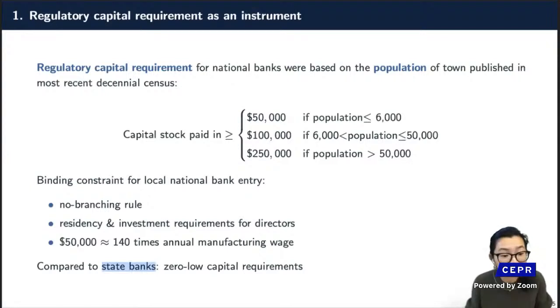So these were banks that would have been regulated by the local state authorities, and they often had either no capital requirements or very low capital requirements. So either you converted your old state bank into a national bank and had to raise this new equity, or you created a new national bank and again had to raise this equity. And this constraint was going to face a big jump right at the 6,000 mark.